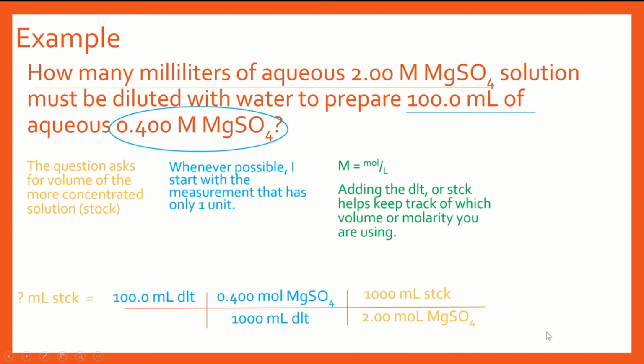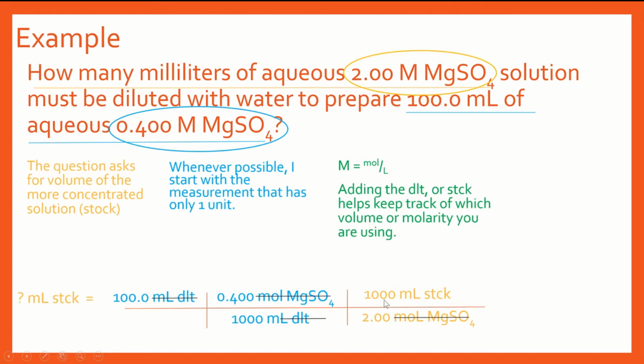Where do I get such a unit? Well, that comes from right here. My 2 moles per liter. That's 2 molar. And voila, I've now canceled out moles magnesium sulfate.